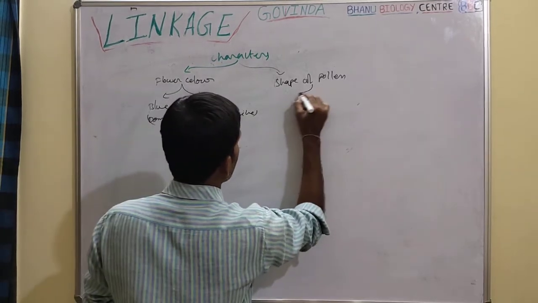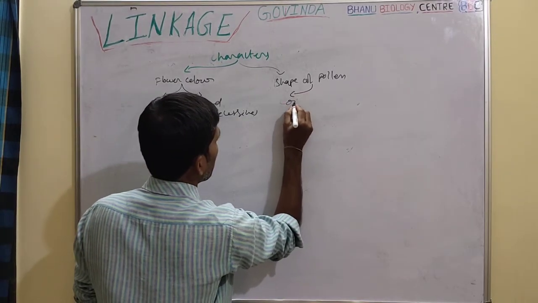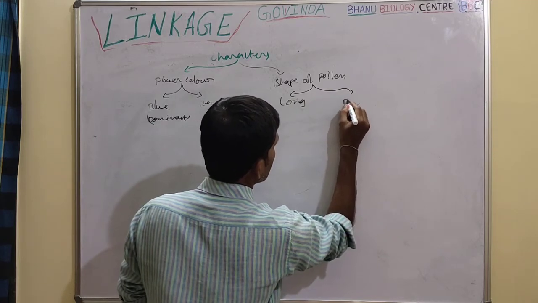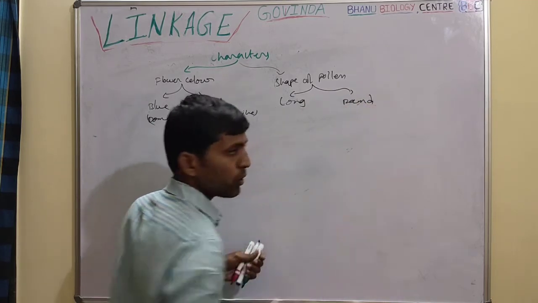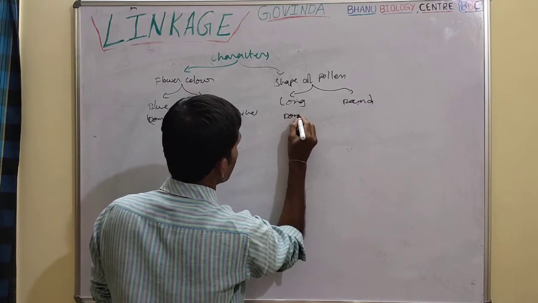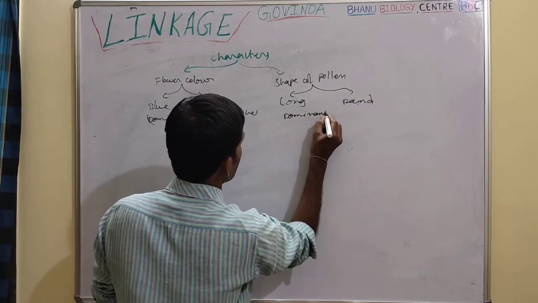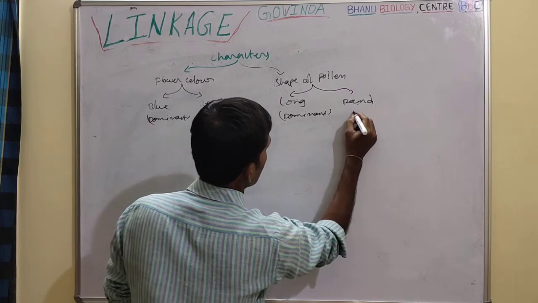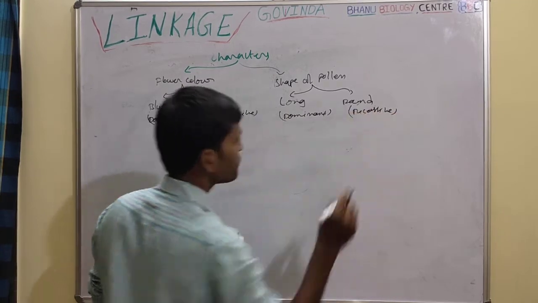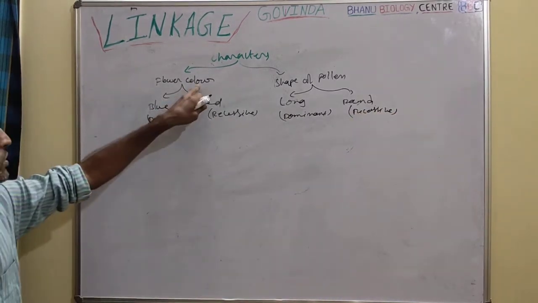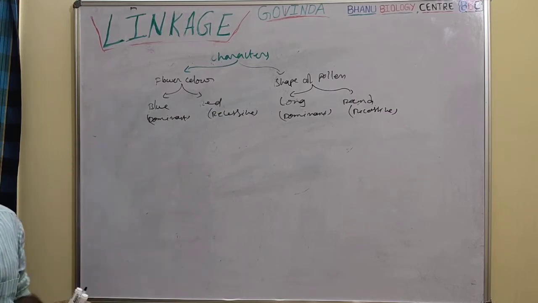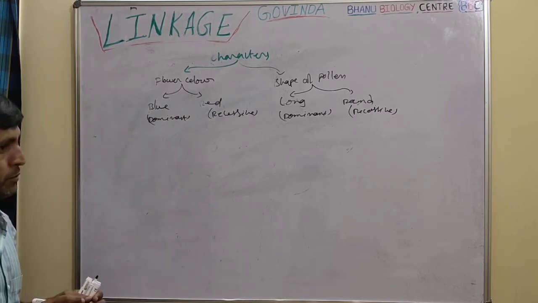Then shape of pollen: long pollens, then round pollens. Long is the dominant trait over the recessive trait, that is round. So these are 2 characters identified and selected by them for their experiment.